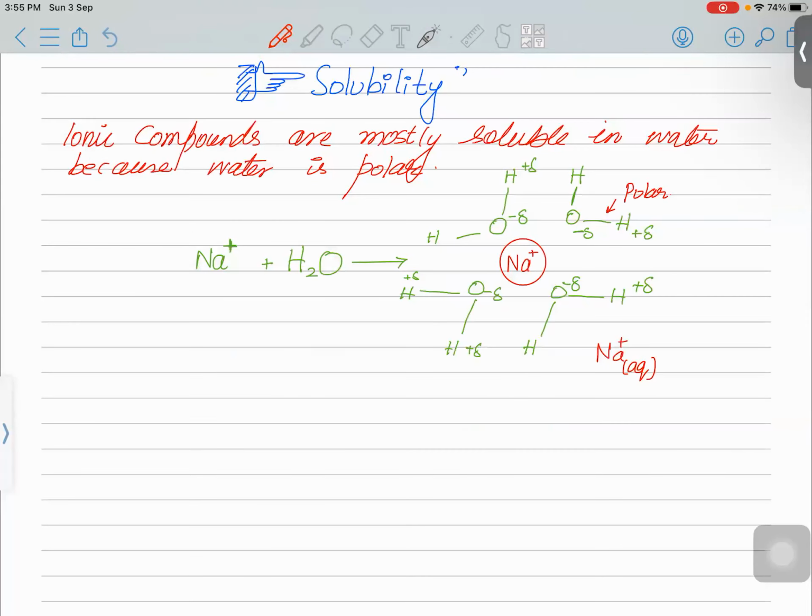Now sodium is soluble. Same case for chlorine. When chlorine is added in water, here you have chloride.